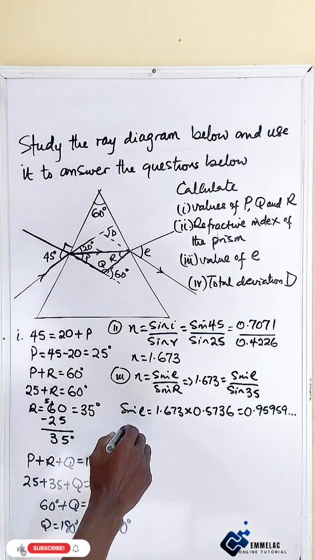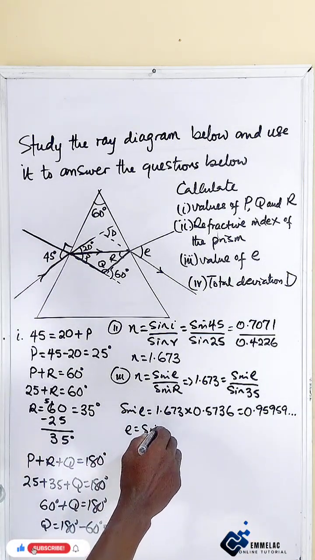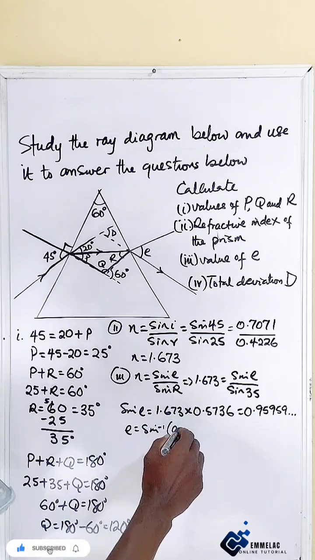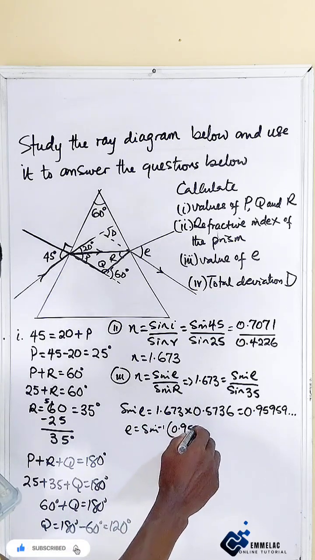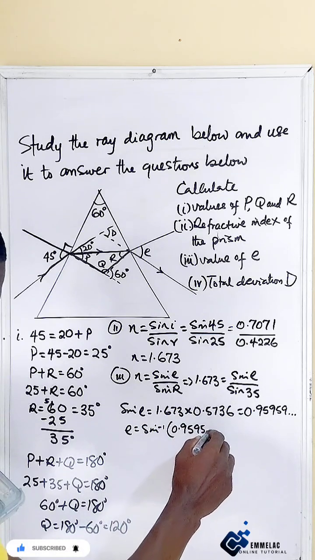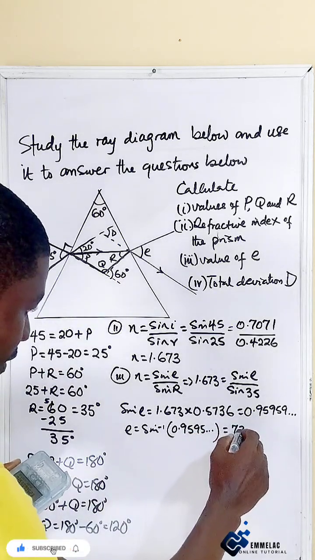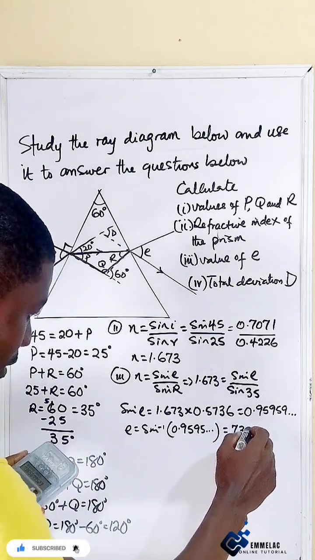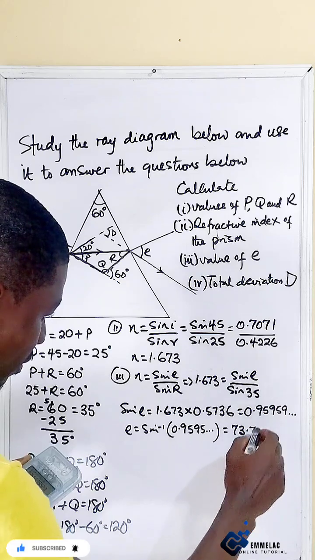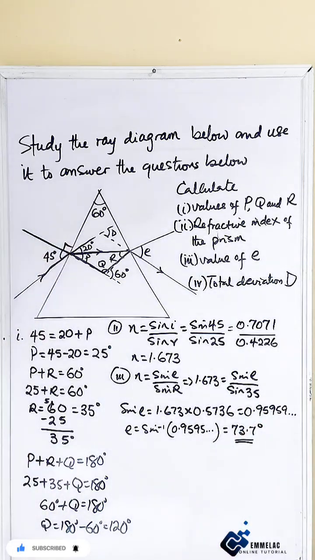So E will now be the inverse sine of 0.9595, which will give us approximately 73.7 degrees. Okay, all right, and that's that.